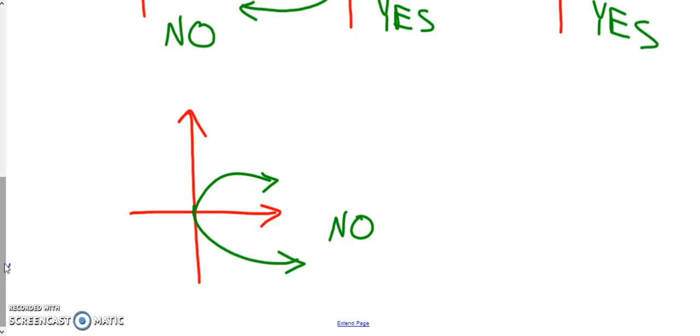Use the graph to find f of 8. How would you find f of 8?